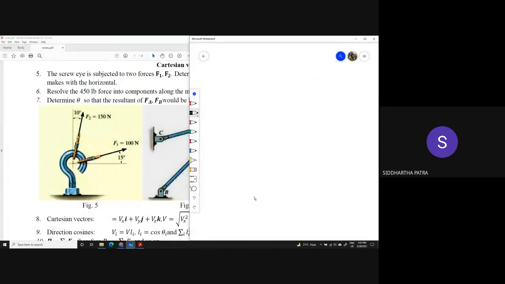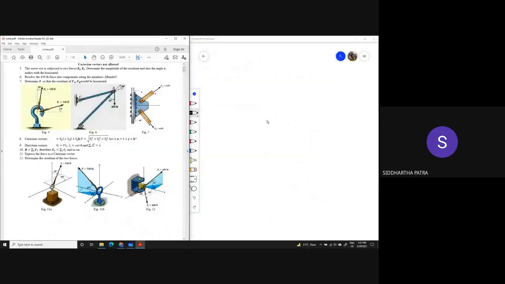So let's first try to draw the triangle. So there is FA. Making an angle 40 degrees, and then the resultant must be horizontal.